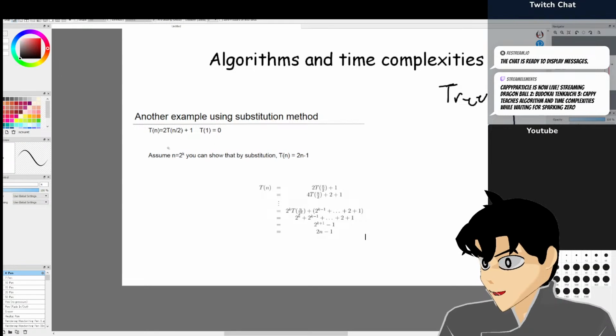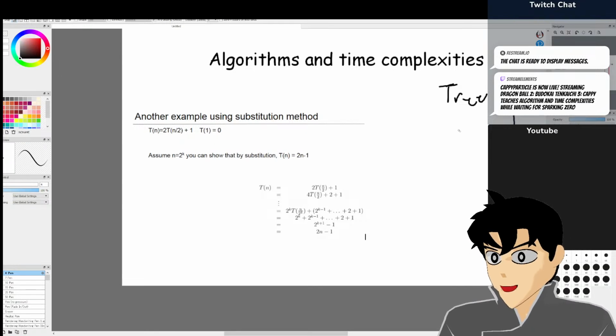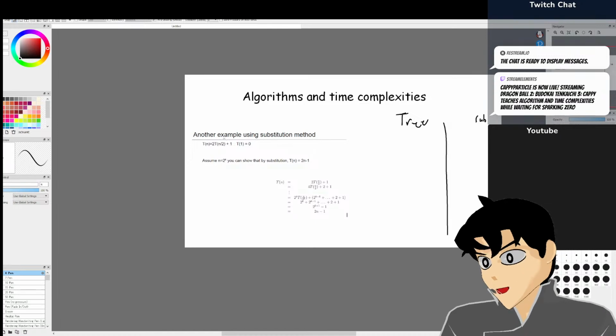So basically, you just put it in itself until there's a repeating pattern, and at the same time, I can show you through the tree.